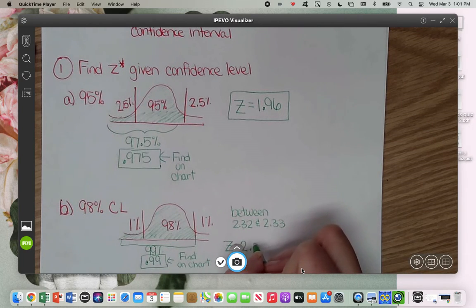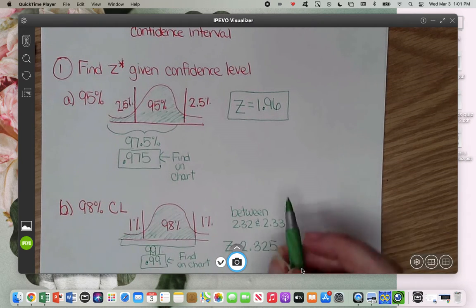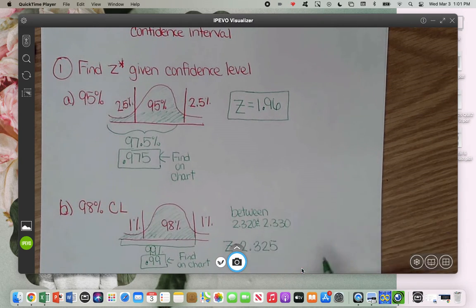We would say 2.325, because that's 20 and that's 30, so then 25 is in the middle. So if you have one that's not exact, but it's pretty much in the middle between two numbers, we can go right in the middle. If it's in between, but it's really leaning towards one, go with the one that it's leaning the most to.